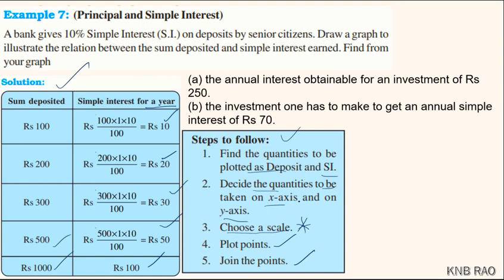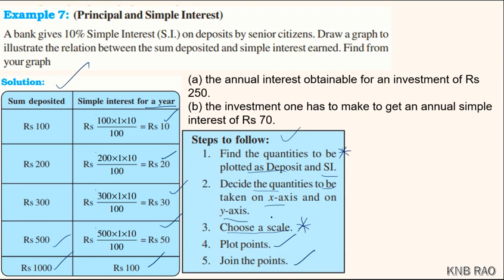Deciding what to be taken on the x-axis and y-axis, choosing the scale appropriately, plotting points and joining points we normally used to do. Now, this extra you are doing: finding what would be the deposit, and for the deposit what would be the simple interest per annum.